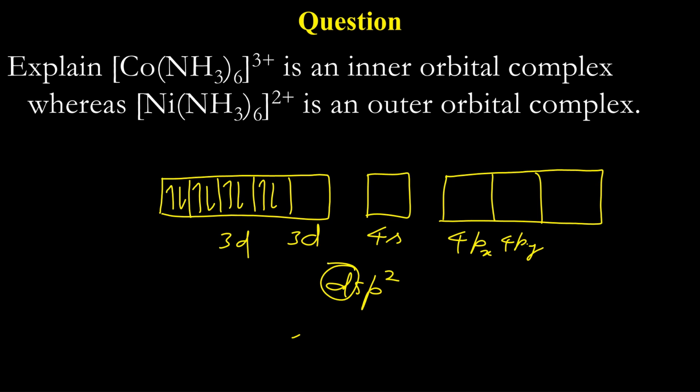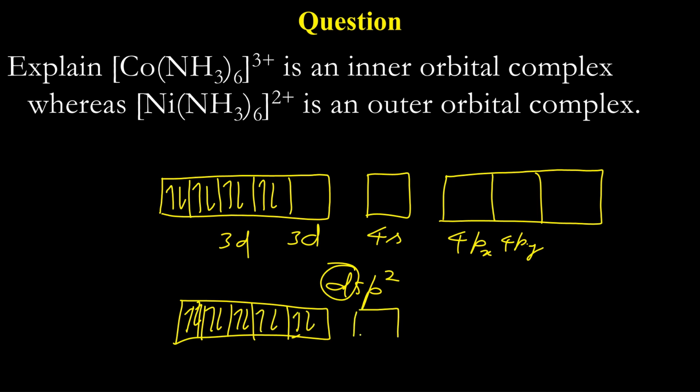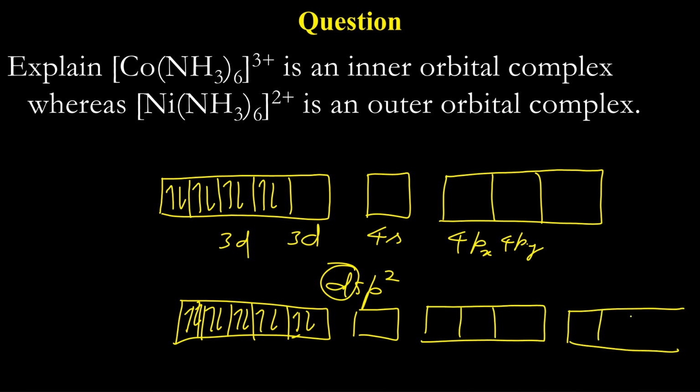But if it is something like this, everything here is filled, you have sp3 and then d of the fourth shell.